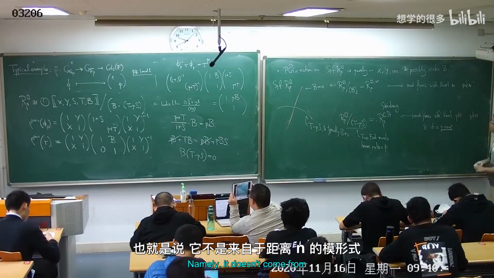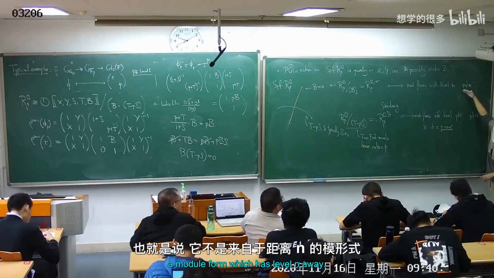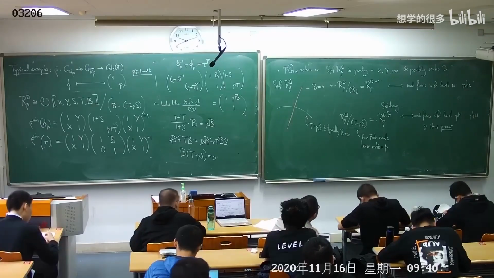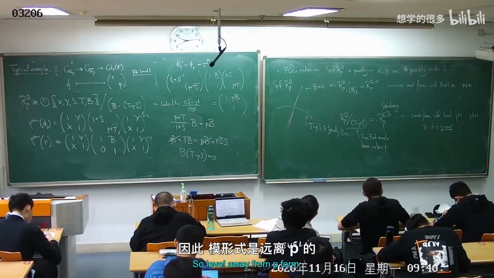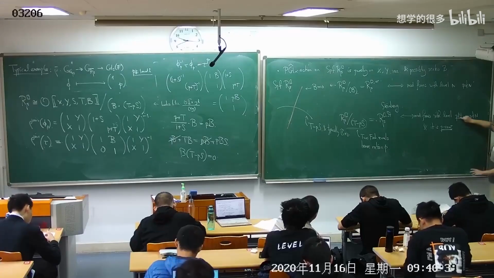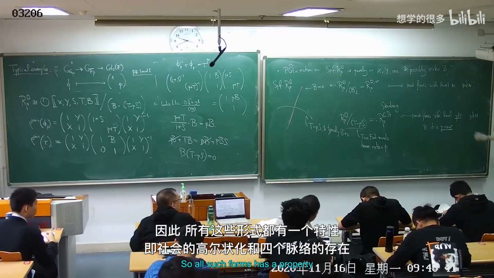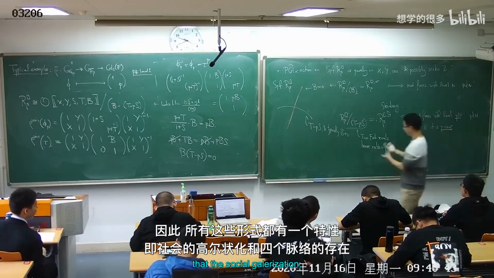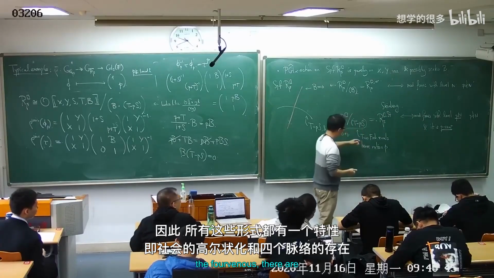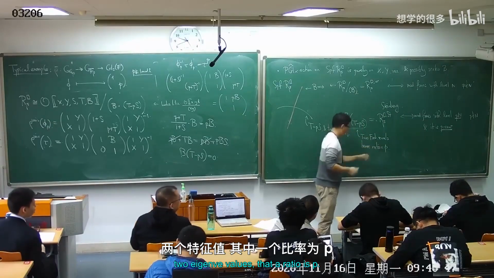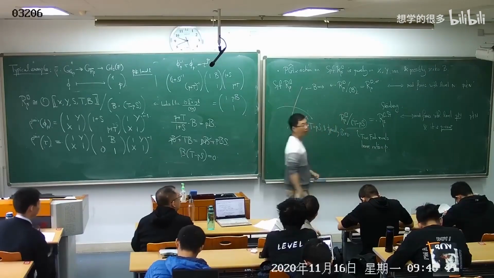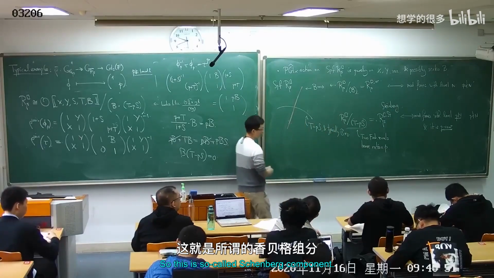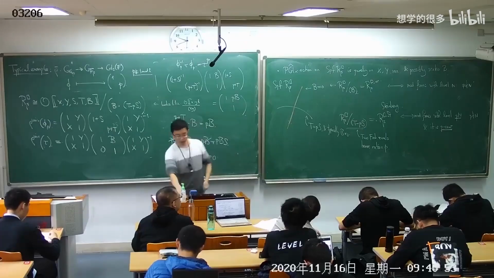Namely, it doesn't come from a modular form which has level N, away from P. All such forms have the property that the associated Galois representation, the Frobenius, has two eigenvalues whose ratio is P. So this is the so-called Steinberg component.